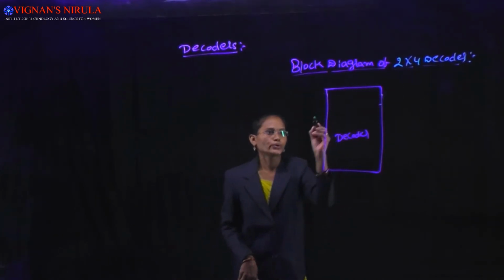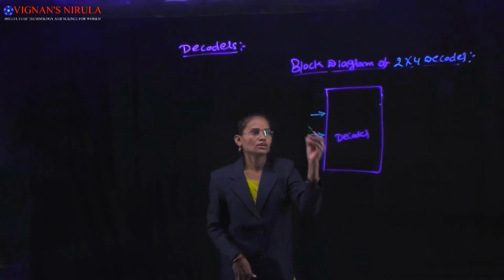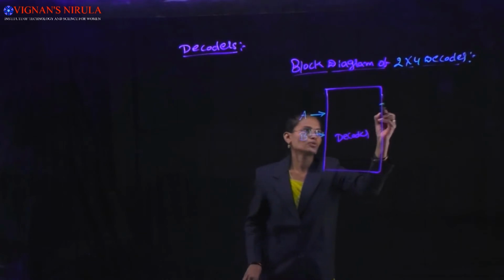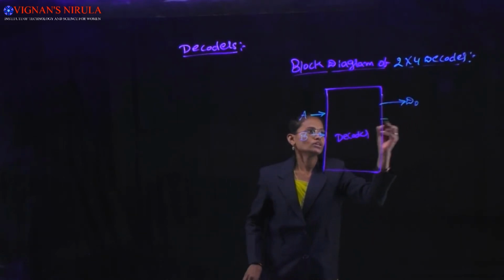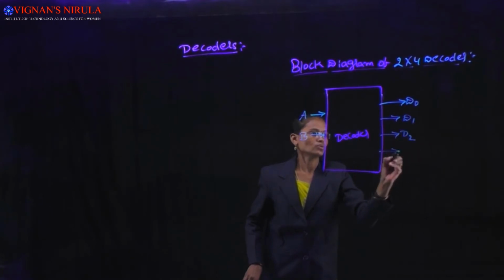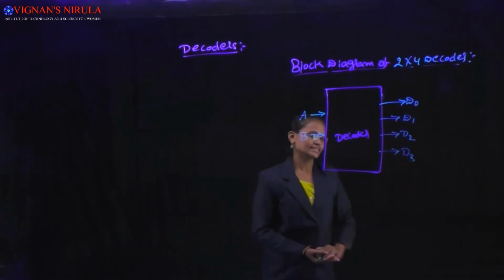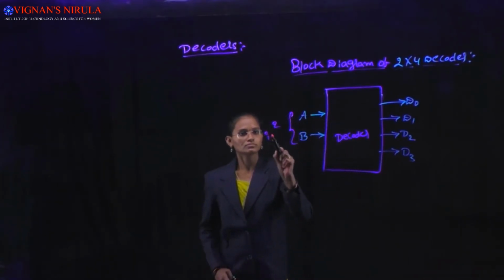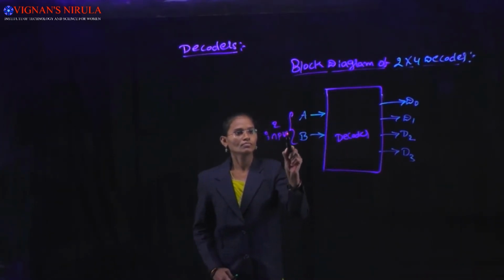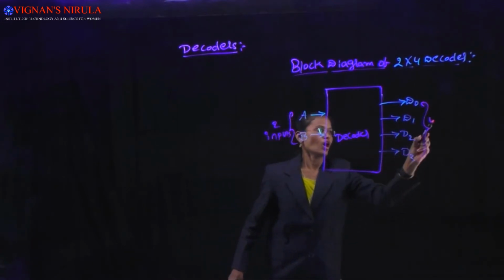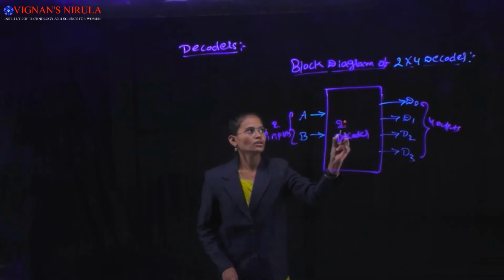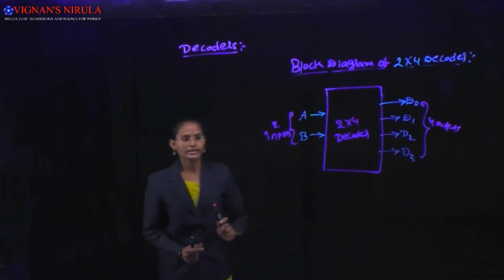Here, 2 inputs A and B and 4 outputs D0, D1, D2 and D3. 2 inputs and 4 outputs, and this is the 2 by 4 decoder.